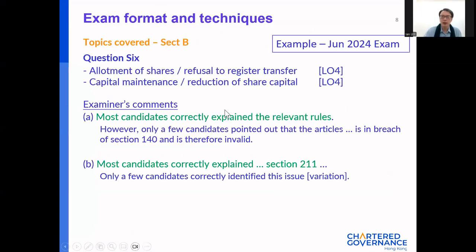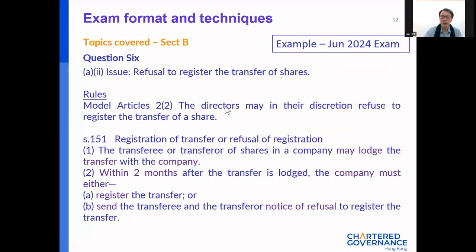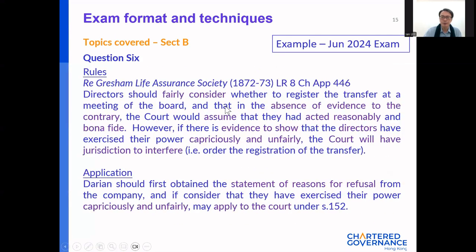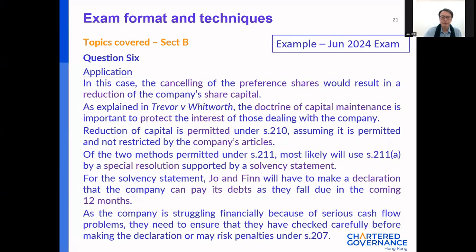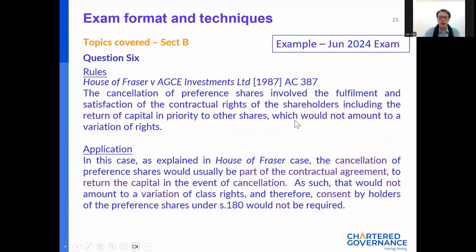So let's go back to answering our part of the question. As such, that would not amount to a variation of class rights, and therefore consent by holders of preference shares under Section 180 would not be required.